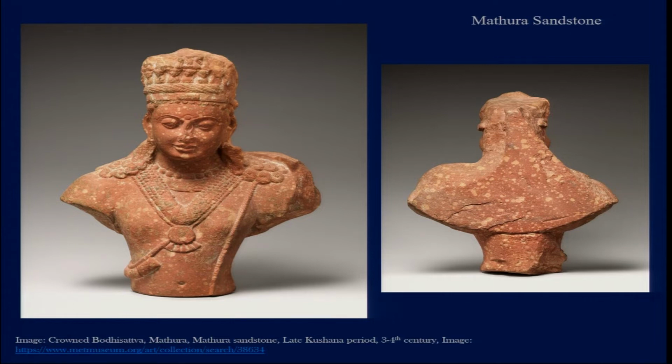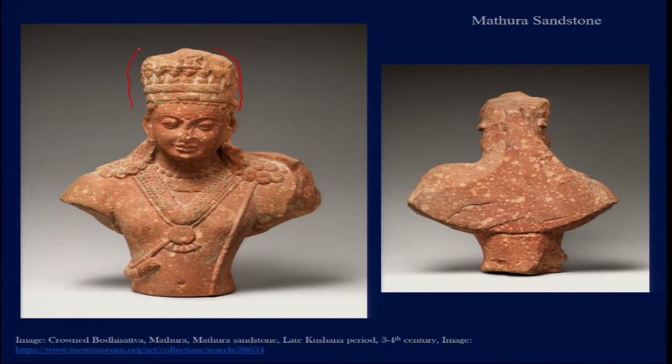As I have already mentioned, Bodhisattvas are treated as royals, and they are the ones who have the knowledge of Bodhi, but they decide to stay on earth so that they can be of help to other human beings who are on the path of enlightenment. That is the reason the Bodhisattvas are considered the compassionate ones, with much compassion for humankind. So here in this figure of Bodhisattva, there is the crown that it wears.